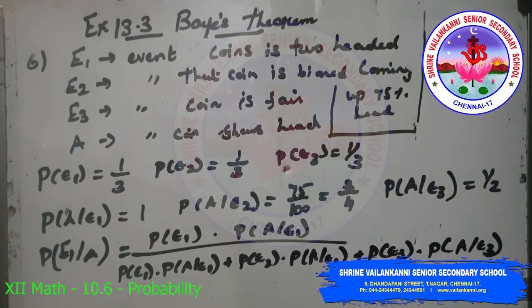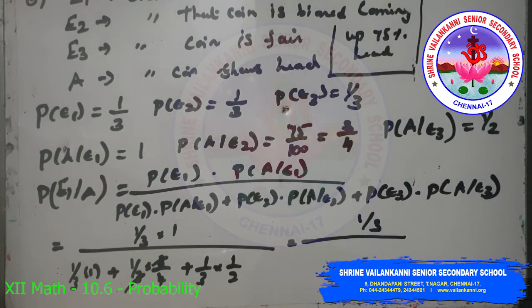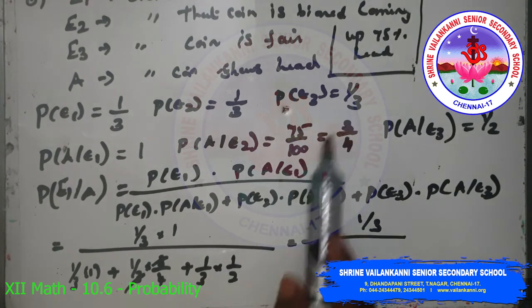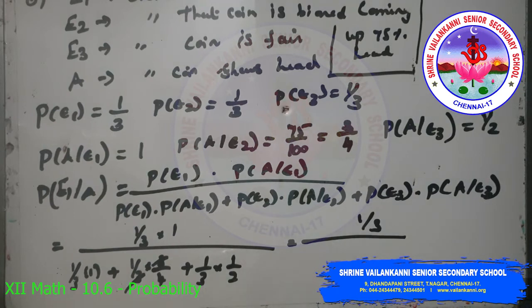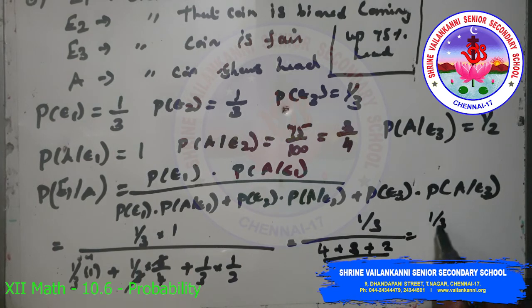So substituting the values, 1 by 3 into 1 whole by 1 by 3 into 1 plus P of E2 is 1 by 3, P of A by E2 is 3 by 4, so 1 by 3 into 3 by 4, cancelling 3 and 3, plus 1 by 3 into 1 by 2, so 1 by 6, which is equal to 1 by 3 whole by, the denominator LCM is 12, so 4 plus 3 plus 2 whole by 12, so 1 by 3 whole by 9 by 12.